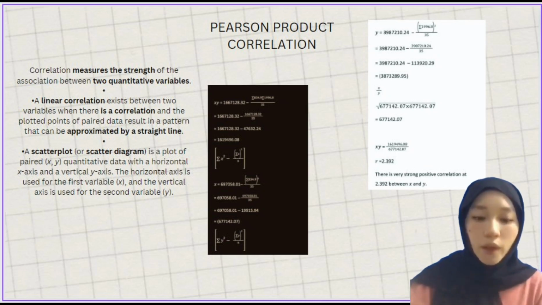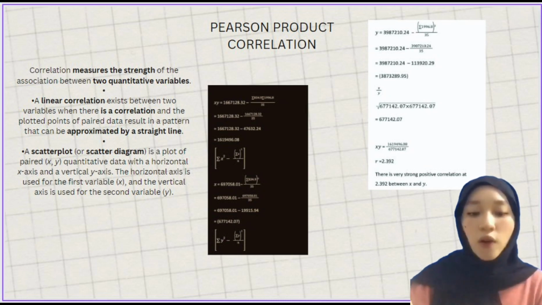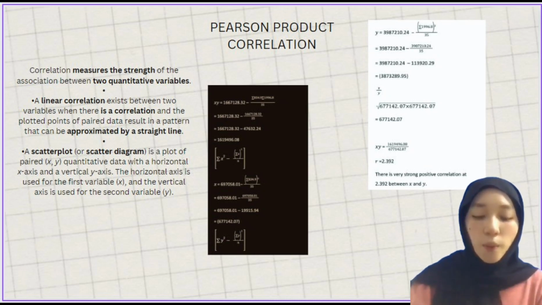Then for r, Sxy is 1619496.08 divided by the square root of Sxx times Syy, 677142.07 times 3873289.95. For the answer, r equals 2.392. There is a very strong positive correlation of 2.392 between X and Y.